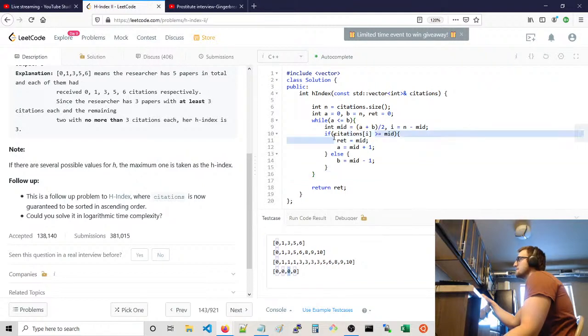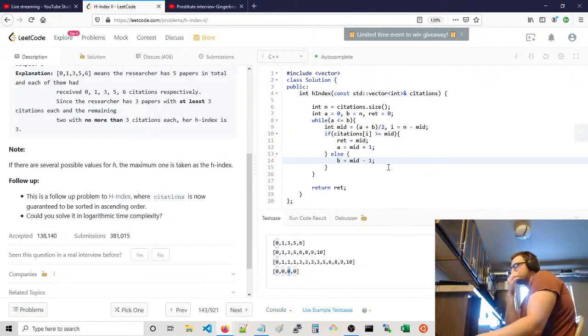This value is not greater than or equal to 2. So this is false, and we don't modify the return value. Now let's move our range from 0 to 4. We excluded 2. It's gone. We can't get 2. So we've got to go to 0 to 1 now.